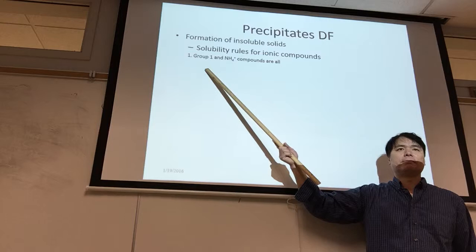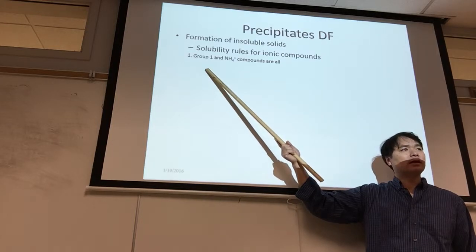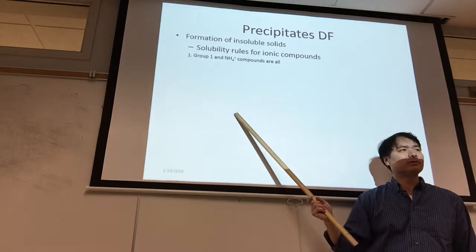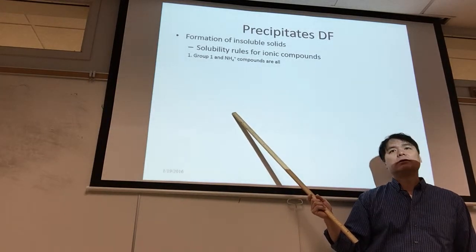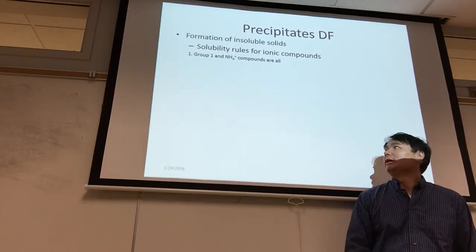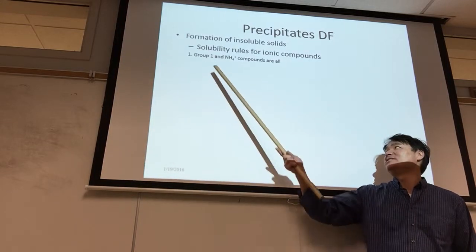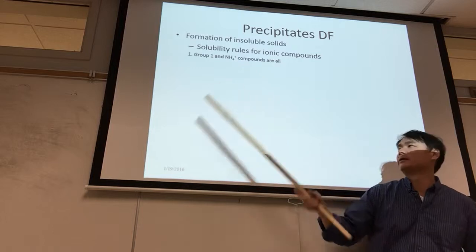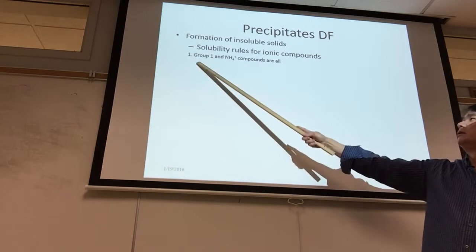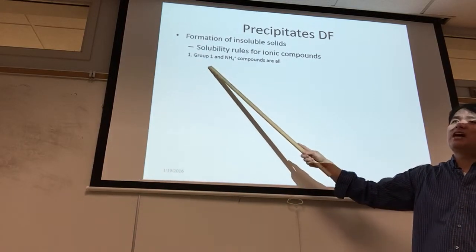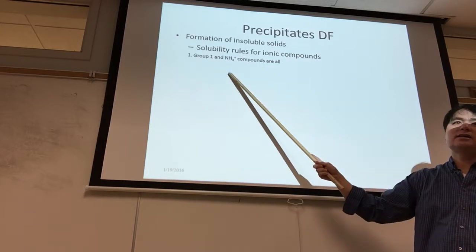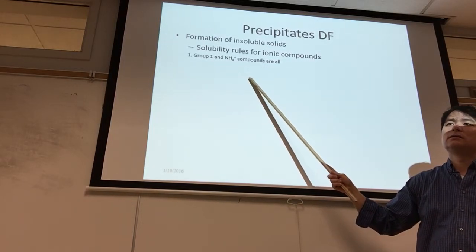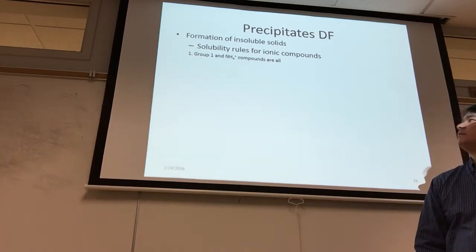What's number 2? Do you guys still have these memorized or not? Did anyone not have to memorize the solubility rules? Okay. The easiest way to memorize these is just keep writing them over and over again. Number 2: nitrates, acetates, and chlorates are all soluble.